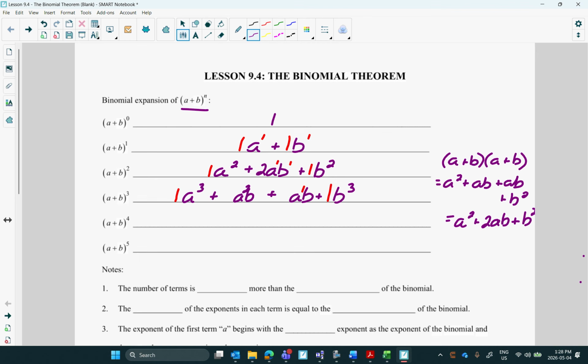For b, we go the other way. At the end, we start with b to the third, and then we go 1 down, and then 1 down to nothing, no b's. So this would be squared. This would be to the first.